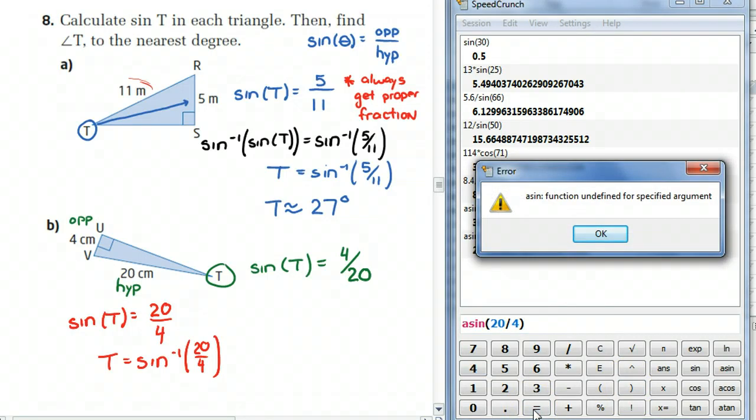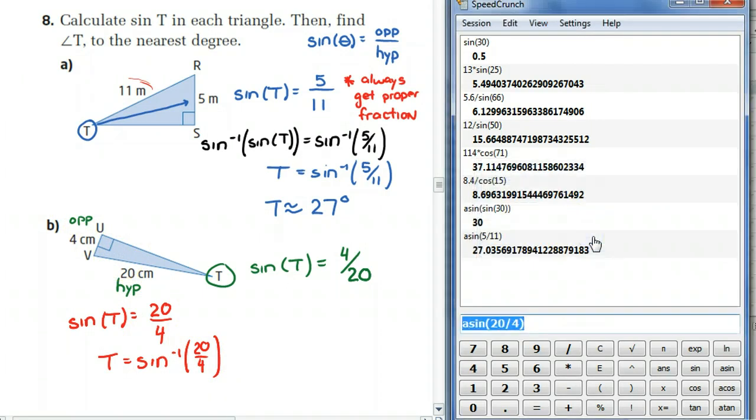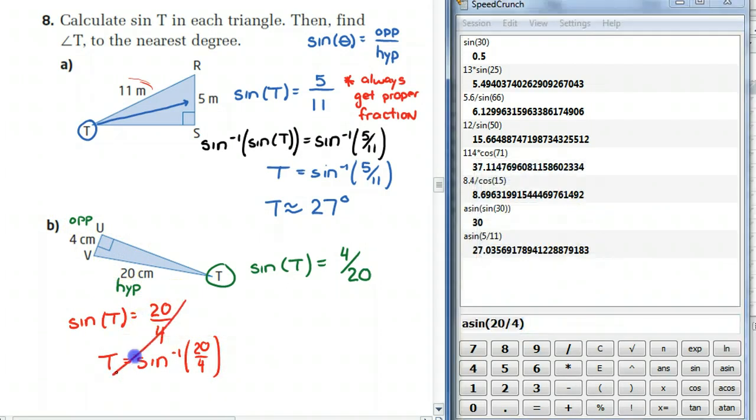It won't work, and the reason why is because the hypotenuse is never going to be smaller than the opposite. We explore that concept in greater detail a little later. So remember, this is incorrect.